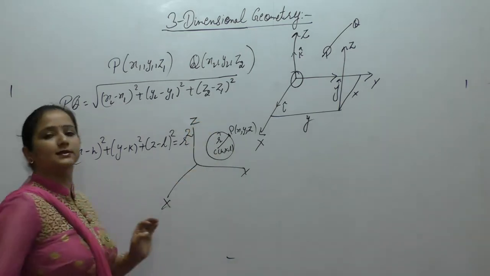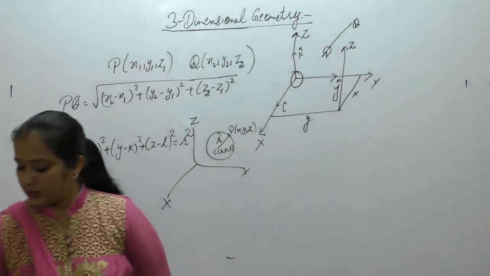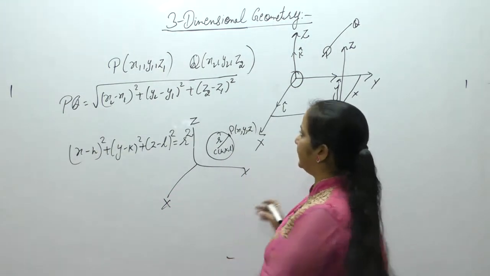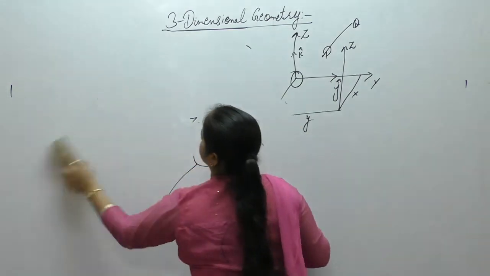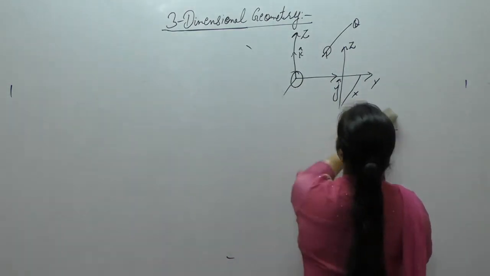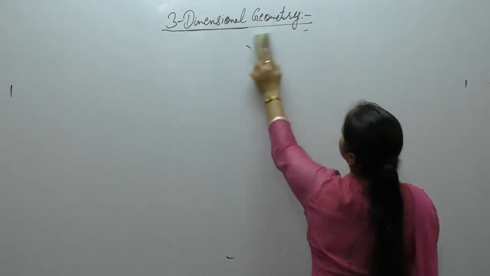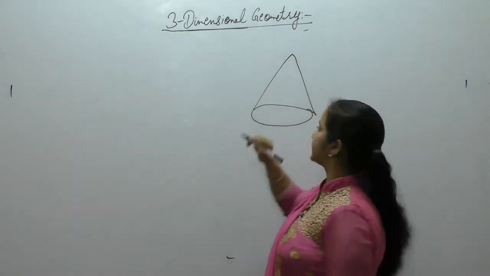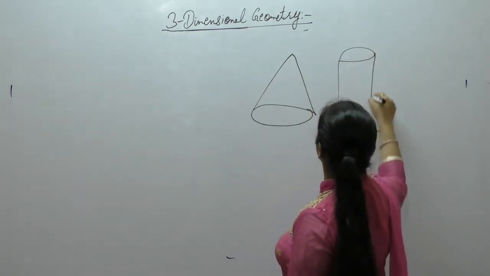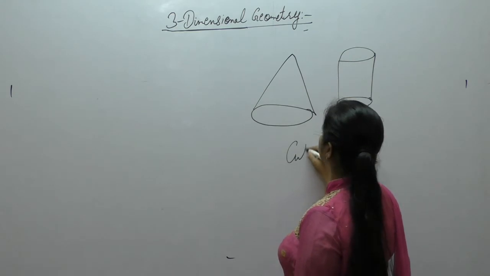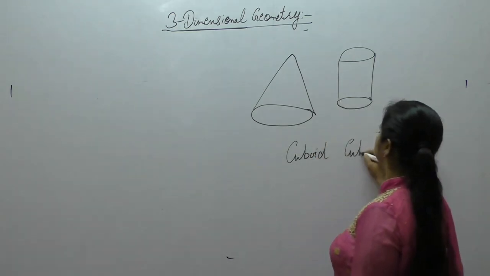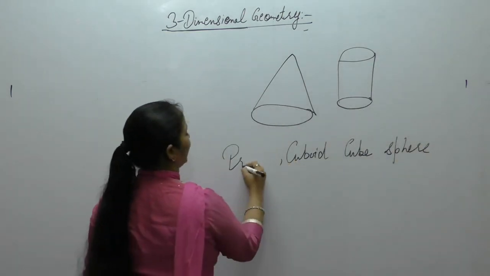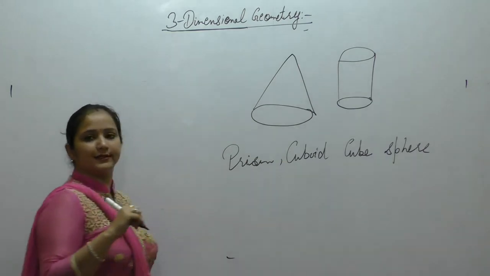Now if I want to know the examples of three-dimensional shapes, the shapes which are in 3D: cone is a shape in 3D, cylinder, cylindrical shape, cuboid, cube, sphere, prism, triangular prism is in the shape of 3D.